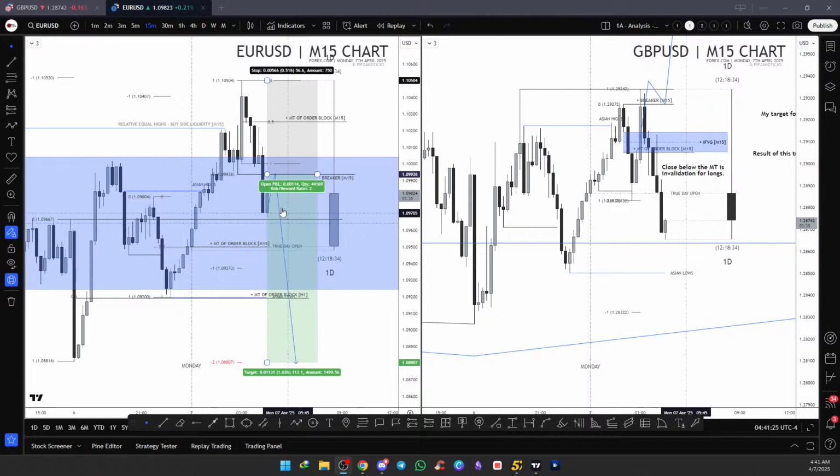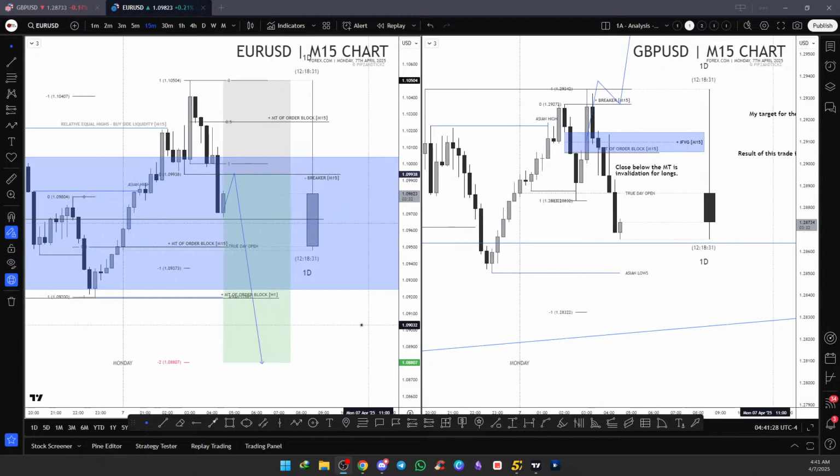Okay guys, we are still expecting price to reach this breaker here. Let's see if we get the entry.